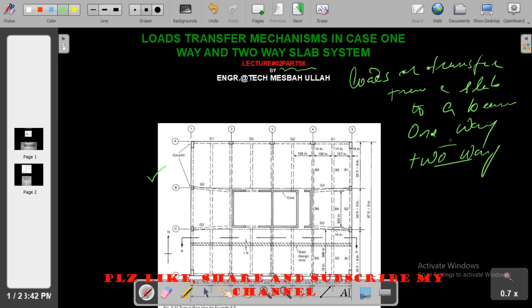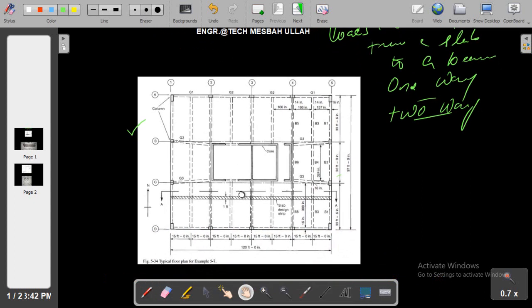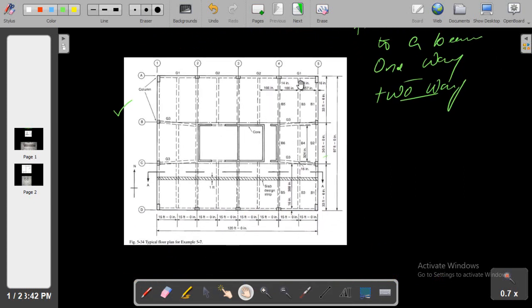Both cases are important. First, in this figure you see a one-way slab system. I have already designed this beam, G1 and B3, B4, B3 beams, in one of my examples which are available on my YouTube channel.